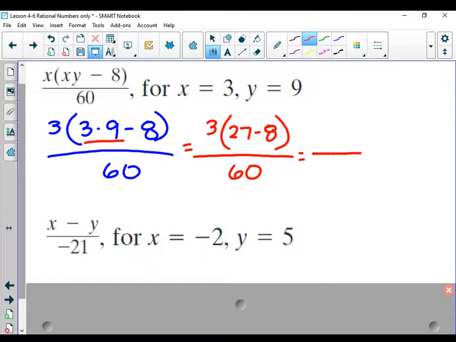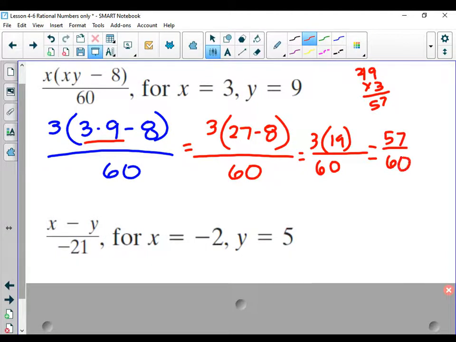Just going to work my way across the top. Whoops, I'm supposed to solve that, silly. 27 minus 8. Just keep working my way across the top.